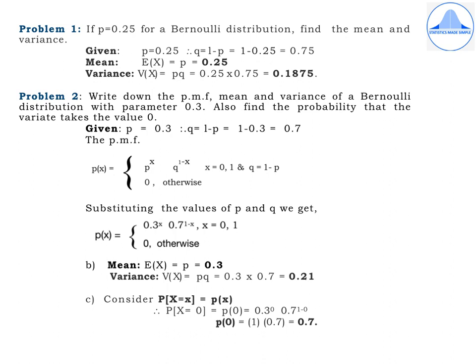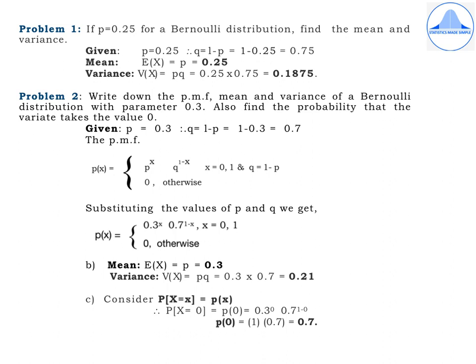Now moving on to the last part of the question, that is, we have to find the probability that the variate takes the value 0. So we'll start with the general formula. Probability of capital X equal to small x is equal to P of x.